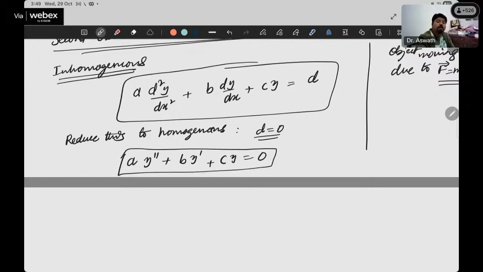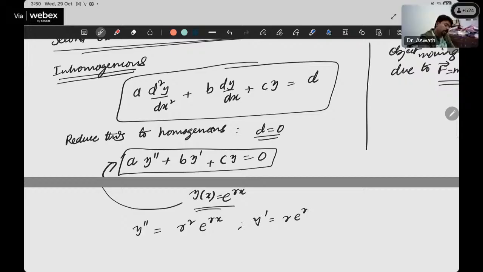So this we know already. This is going to possess exponential solutions, some y of x is equal to e to the rx. Let's say I don't know what r is. You can substitute this back into the equation and find out r. So let me do that. y double dash gives me r square e to the rx, and y dash gives me r e to the rx.